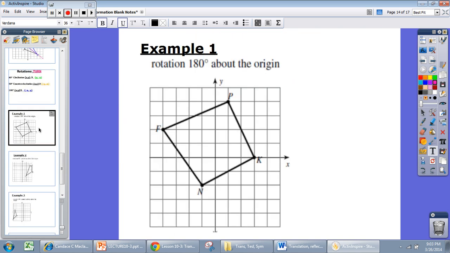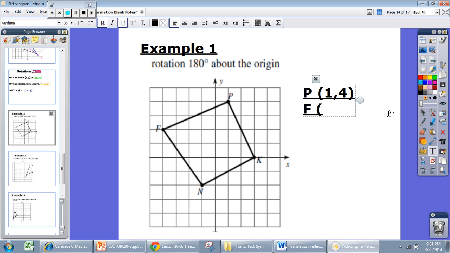Okay, so 180 degrees about the origin. So remember, for 180 degrees, you're making your X and your Y negative, all right? So I guess the easiest thing for this would be to write out our coordinates. So P is 1, 4.